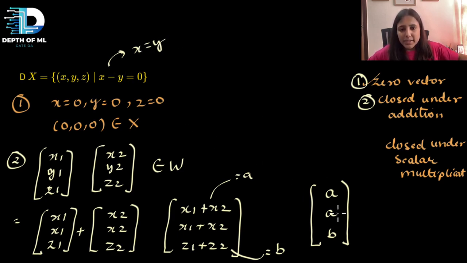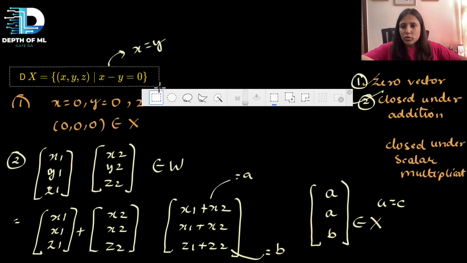So you can check that this is of the same form as these vectors. Hence this is closed under addition because this belongs to W. They are of the same form as these vectors because x minus y is equal to 0. Correct? So this is closed under addition, right?